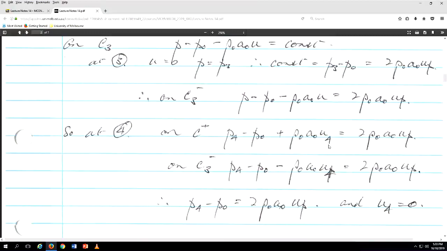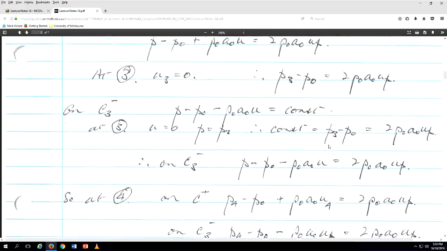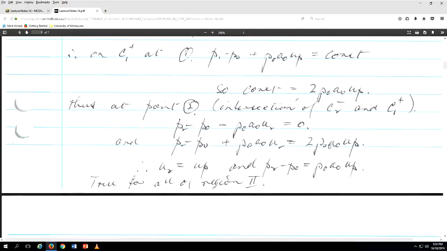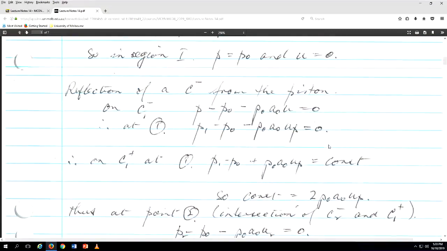So now I could work out what happens at 4. It's a constant, and I can evaluate it at points where I know something.